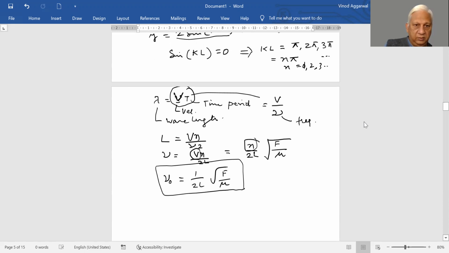Similarly, if we take the value of n as 2, then it becomes 2 by 2L... This becomes... and so on and so forth.